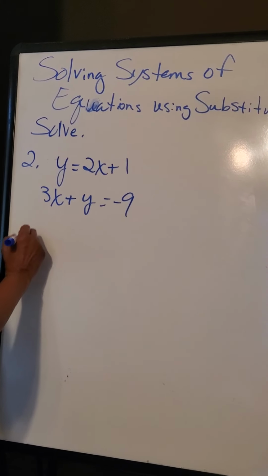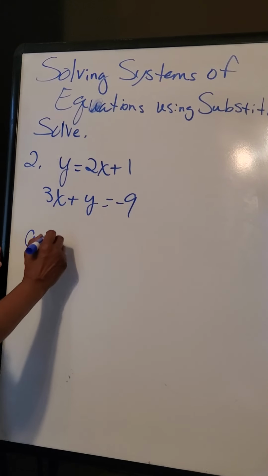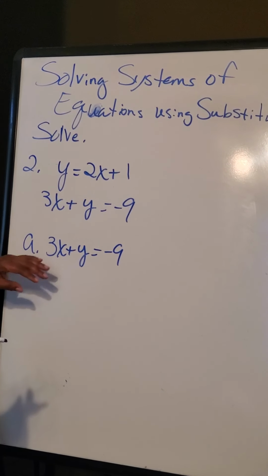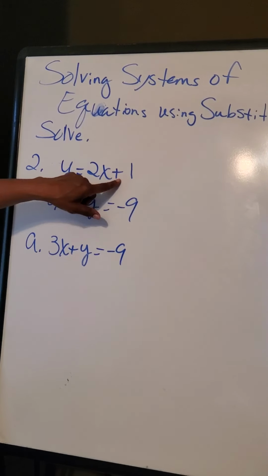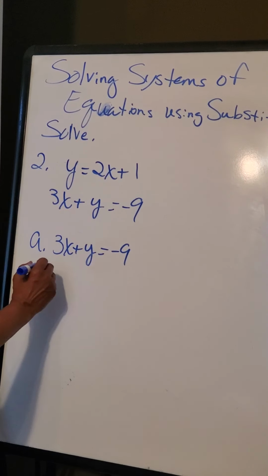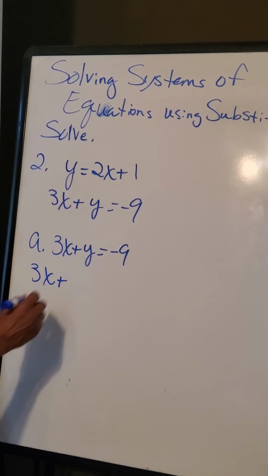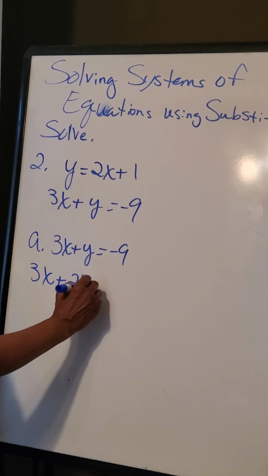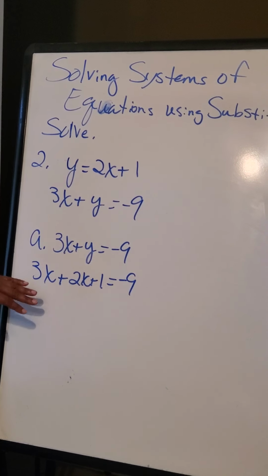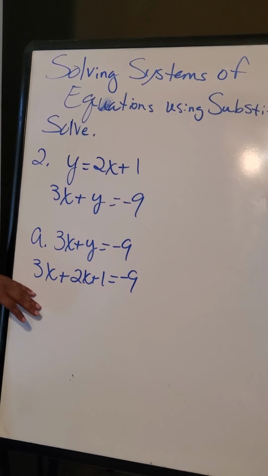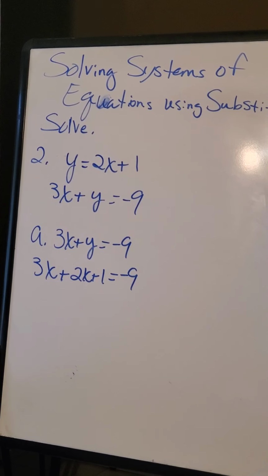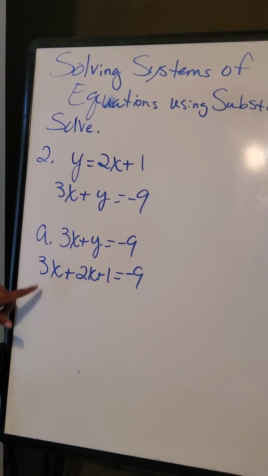So I'm going to take the second equation, and I'm going to substitute 2x plus 1 for y in this equation. Be very careful when you're doing your substitution. Once you've done your substitution, look at your equation to make sure that you have the same variable. You can't have 2 different variables. I only see the variable x. So now I'll solve this equation.